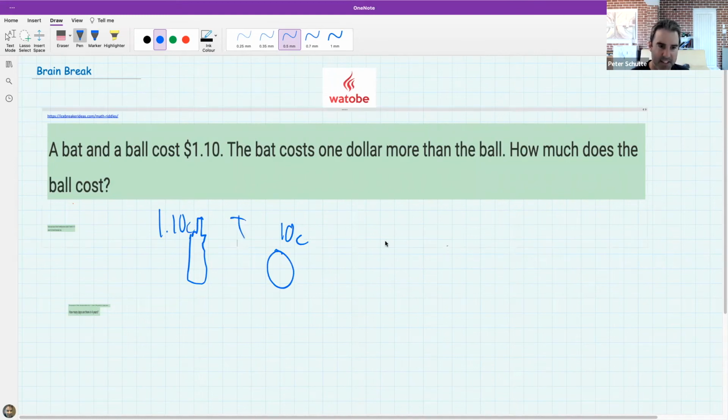But then when I add them together, I get $1.20. Oh my goodness, the world seems broken. Are you guys following me so far? So if a bat and ball costs $1.10, and the way I'm laying it out I'm getting $1.20, strange things are happening.